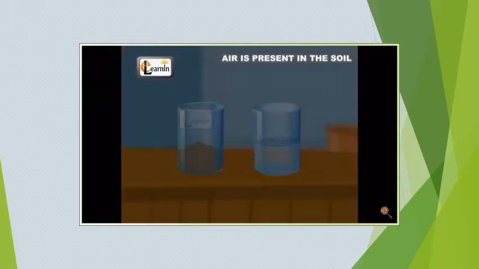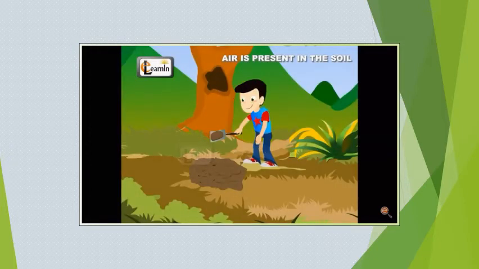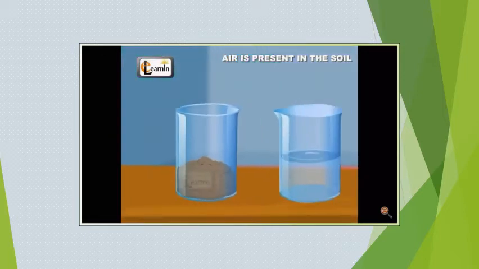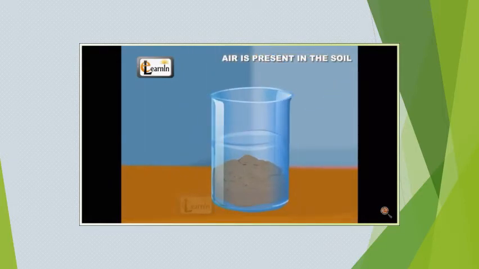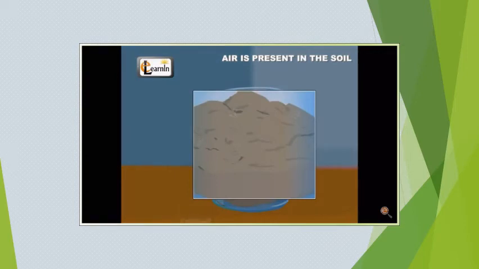The following activity demonstrates the presence of air in the soil. Dig out a small lump of soil from your garden. Place this lump of soil in a small vessel. Pour a small amount of water on it. Bubbles are observed coming out of the soil. This is because the water molecules displace the air present between the soil particles, and the air rises and escapes from the surface as bubbles.